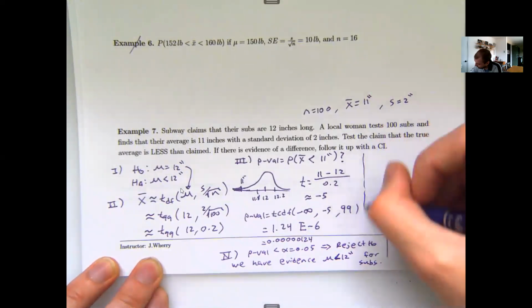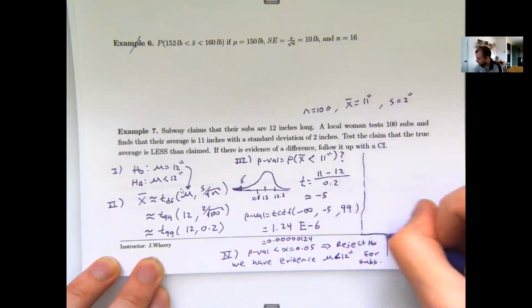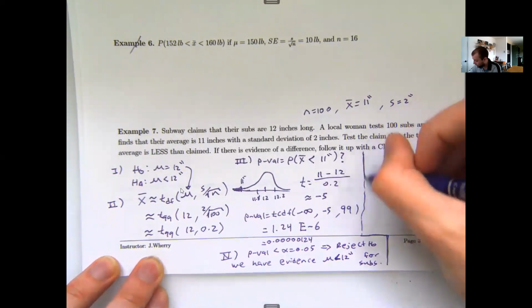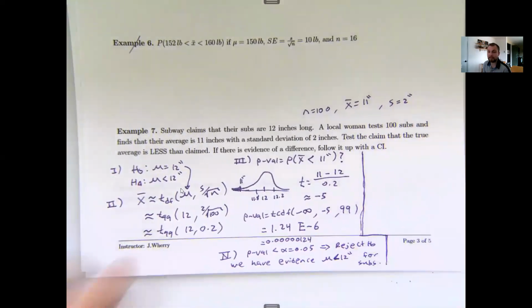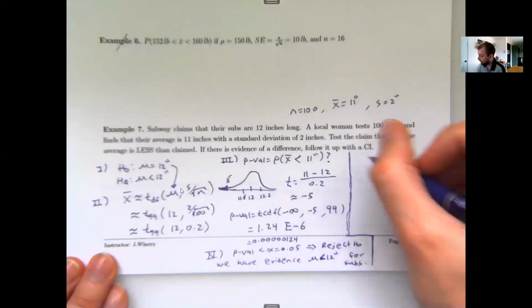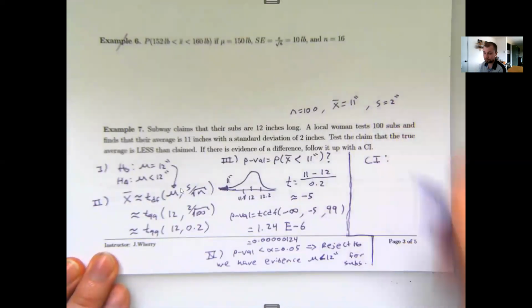So if this person was upset at Subway, they said it's 12 inches, they now have statistical evidence that it is in fact less than that. So a follow-up question might be, how much less? And that would be answered using a confidence interval.